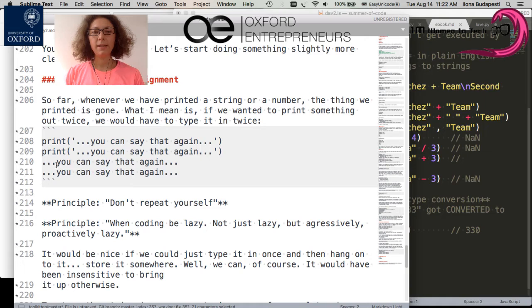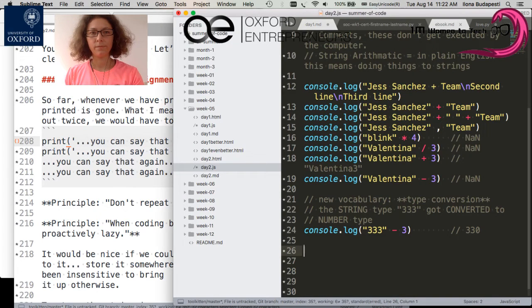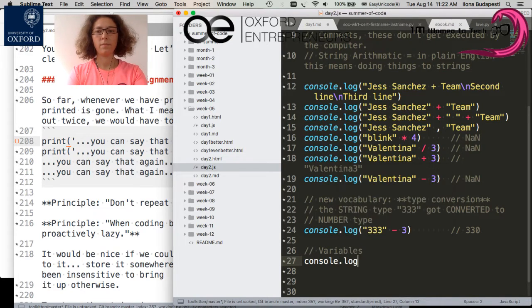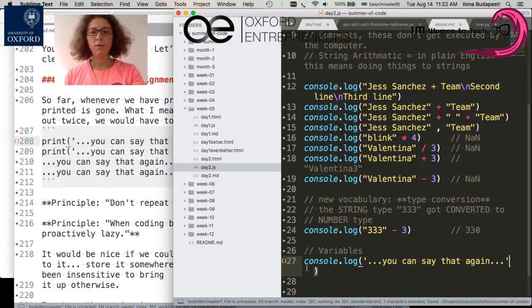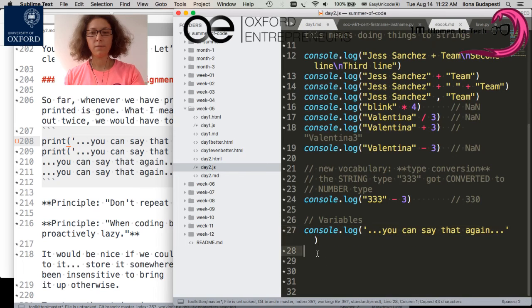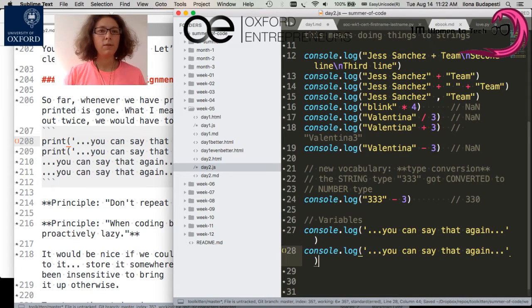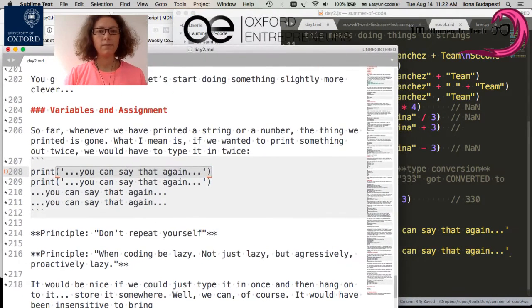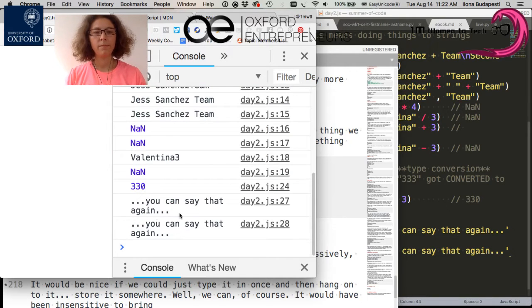So if we wanted to do this 2 or 3 times, we have to type it in 2 or 3 times. Let's save it and run it. You can say that again, you can say that again.